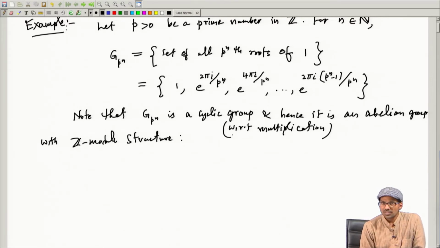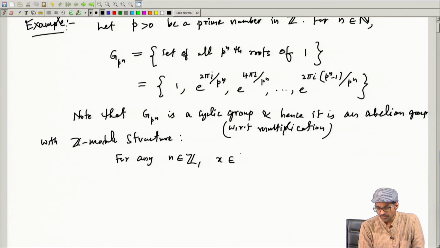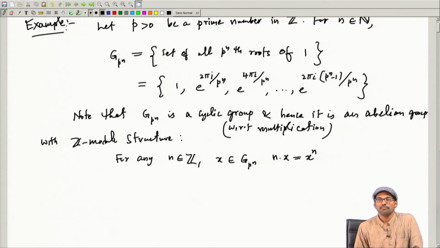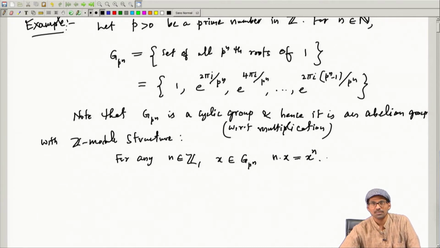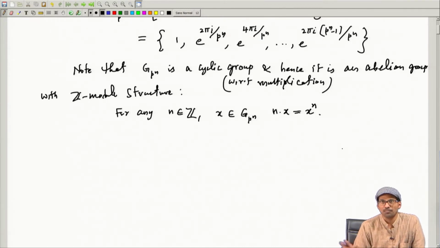So, with the Z-module structure, what is that Z-module structure? For any n belongs to Z, if I take any element x belongs to G_{p^n}, then n times x means x^n. This is our Z-module structure on G_{p^n}, it is a multiplicative group.